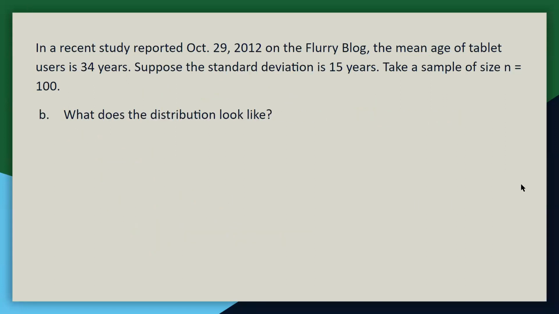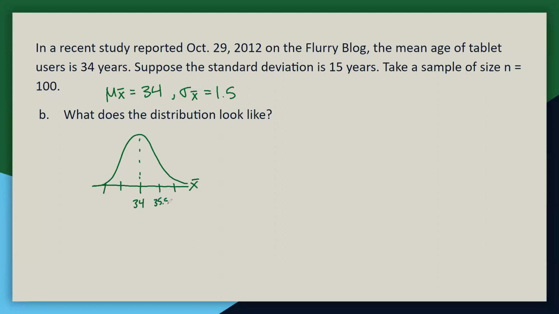B says, what does the distribution look like? And we now have that information. Sampling distribution mean is 34. Sampling distribution standard deviation is 1.5. And we know because it's a sampling distribution that it should be normal. We know that the mean in the middle is 34. And then we know that our standard deviation hash marks we're counting by 1.5.